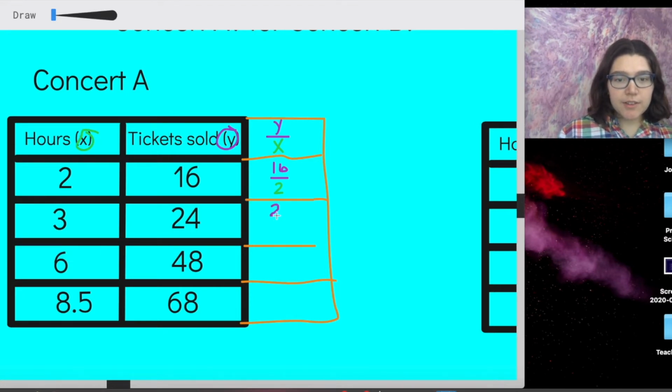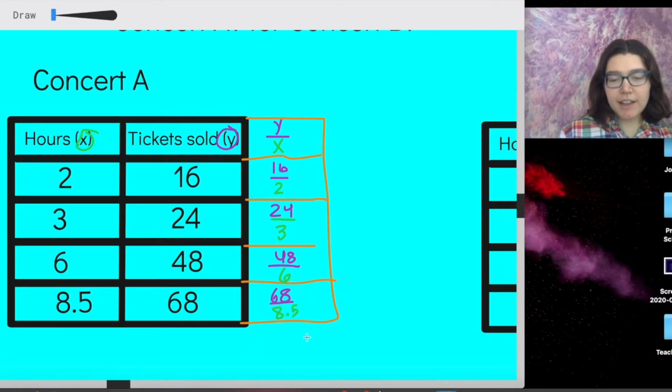After 3 hours, I've sold 24 tickets, so 24 divided by 3. For my third set, I have 48 tickets sold after 6 hours, so 48 divided by 6. And lastly, I have 68 tickets sold after 8.5 hours.